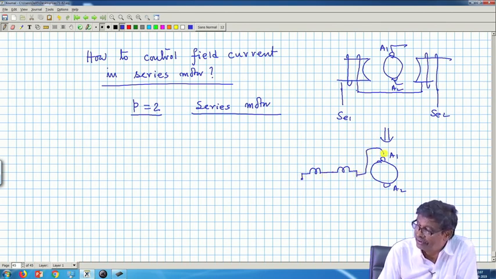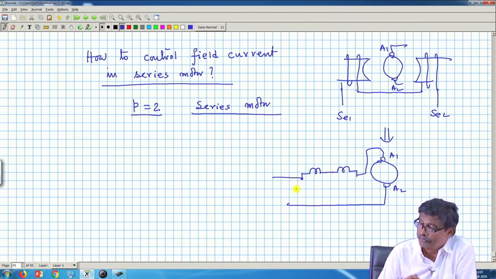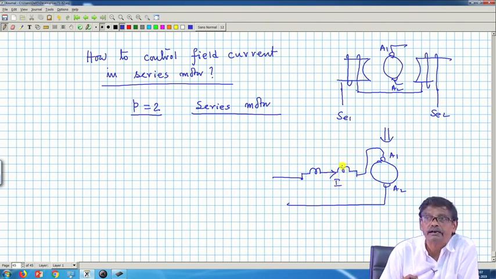This is the normal way of connecting a series motor, and you see the armature current I is the same as the field current, and flux per pole will be there.